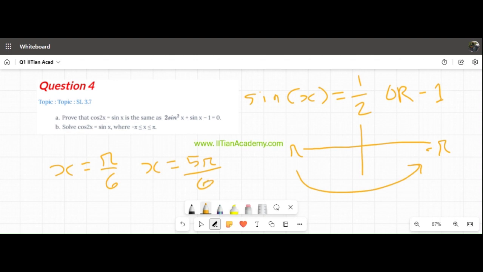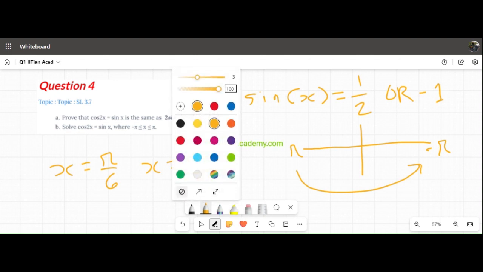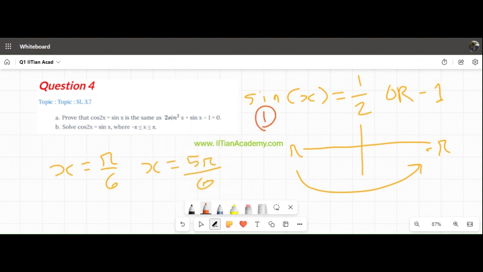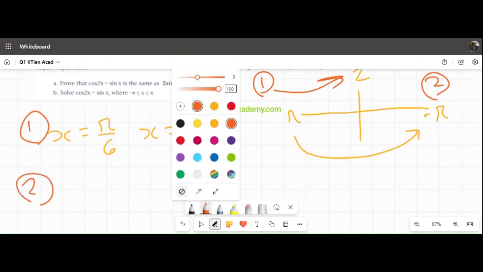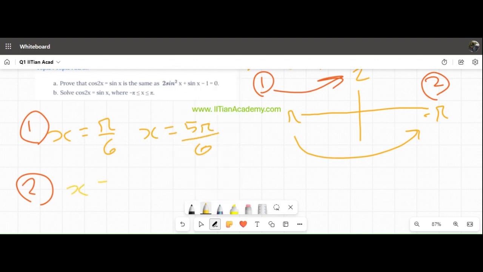All right, and that is for our first case, which is 1/2, and we have to evaluate our second case, which is -1. So that's for case number 1. And for case number 2, sine x will be equal to -1 when x is equal to -pi over 2.